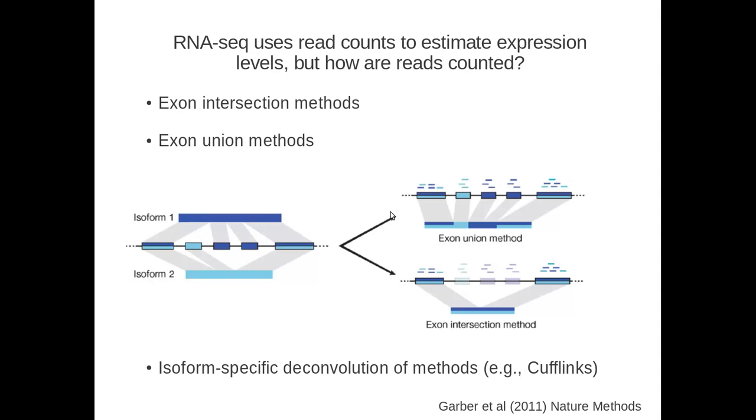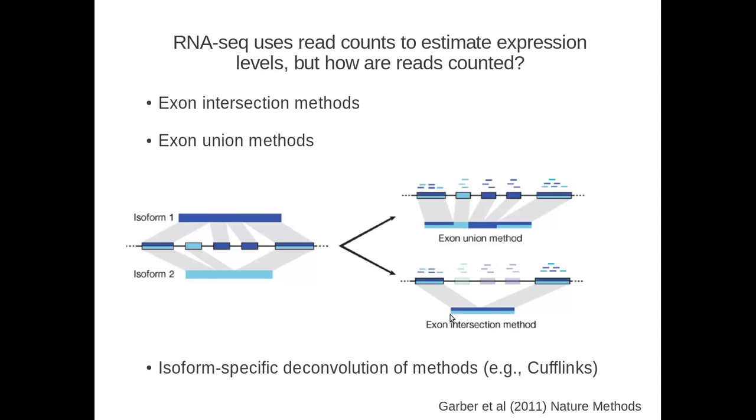So how would researchers go about counting reads to come up with a measure of gene expression for a particular gene? Here you have the exon union method, where the researcher would simply take all exons, all 5 of them here. It doesn't matter which isoform they're in, and just tabulate the total number of reads.